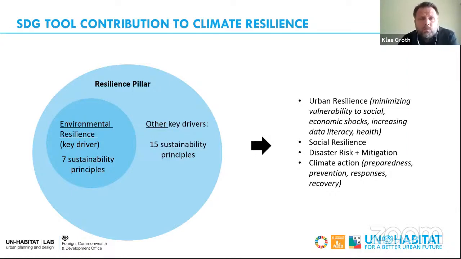And in this way, we can help navigate and identify opportunities for the projects to address urban resilience in general, disaster and mitigation of disasters and risks, but also, of course, a set of climate-related actions, whether it be preparedness, prevention, response, or recovery.